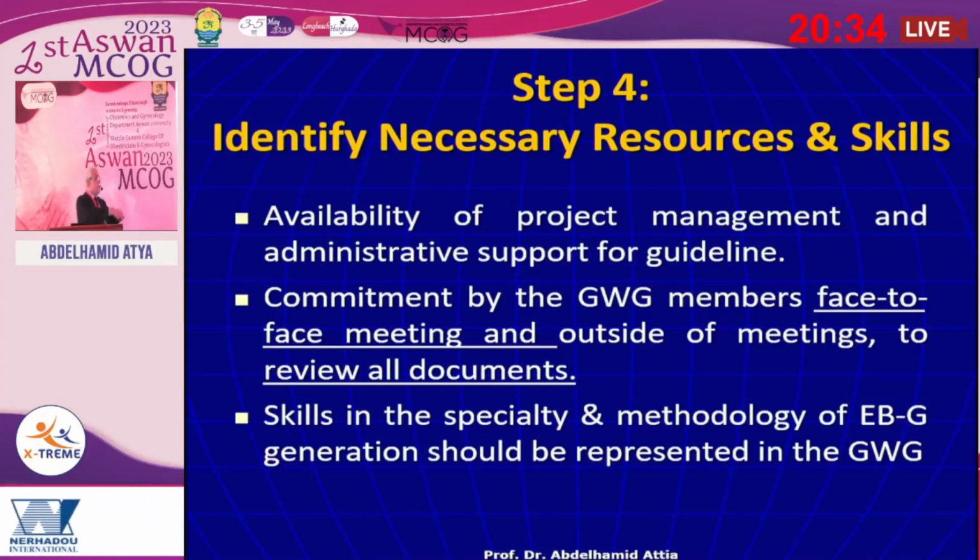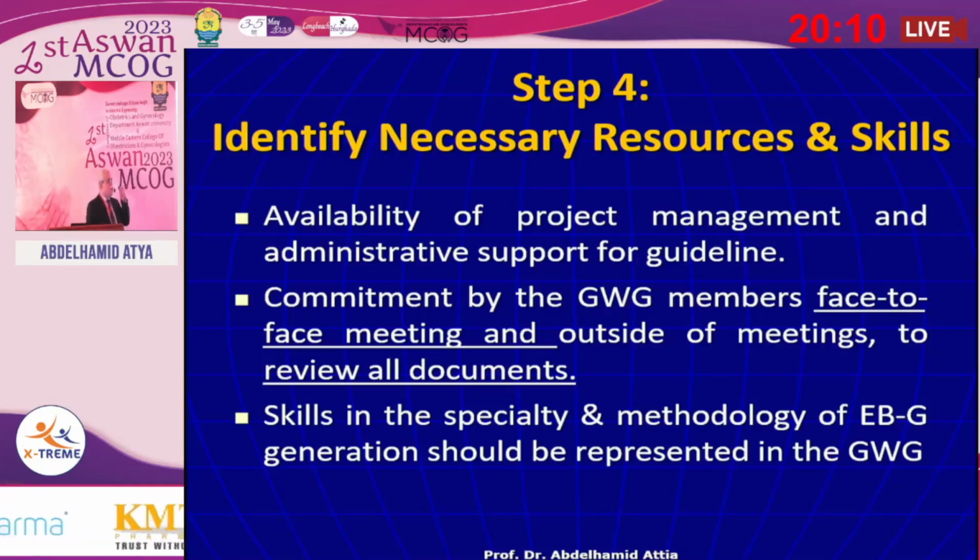Does the administration give you support to produce the guideline or not? If you have the support of the administration that should support the guideline producers, you can start your work. Also, you have to have what is known as the GWG, or guideline working group. And everyone in the team of the guideline working group should be committed.